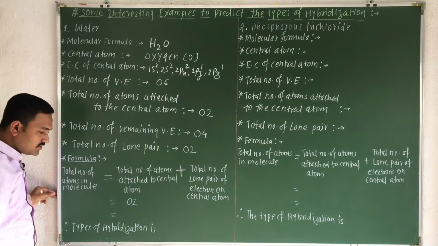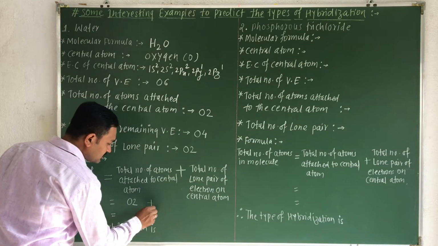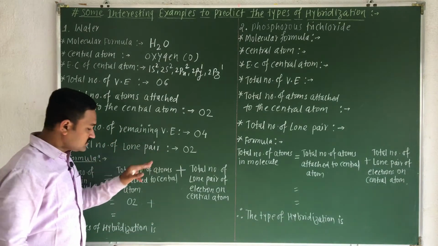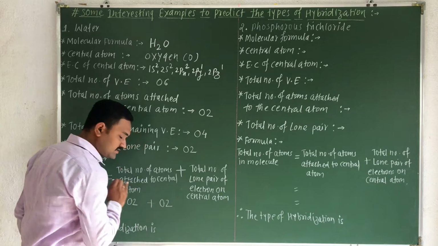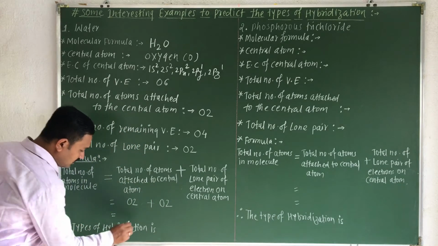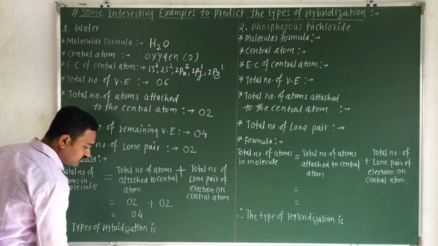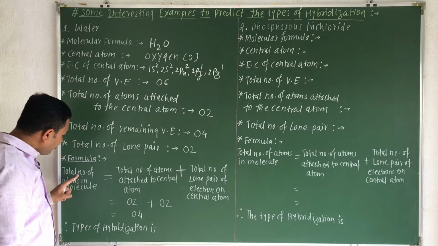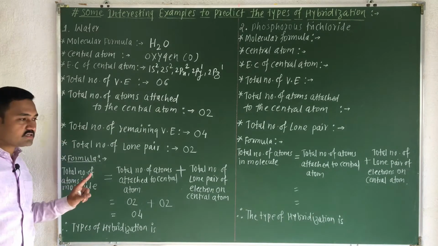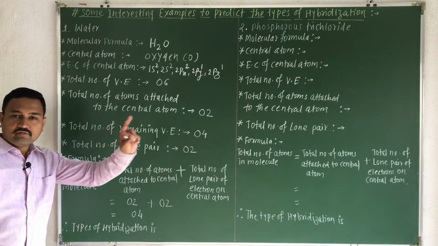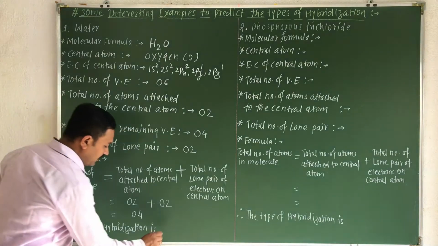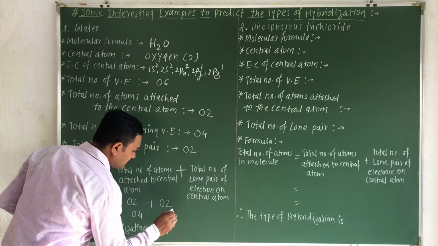Putting in the values, 2 atoms attached plus 2 lone pairs gives a total of 4. When this total is 4, as given in the chart, the type of hybridization is sp3.